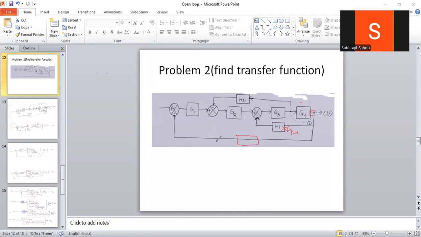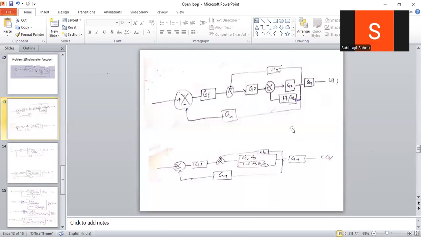Previously no value was there, so it is 1 into G4. This H1 will be changed to H1 into G4, and this plain line will be changed to G4. Observe, sir. Changed or not? The take-off point was here, now it is moved to here. Now it becomes H1 G4, and this becomes G4.